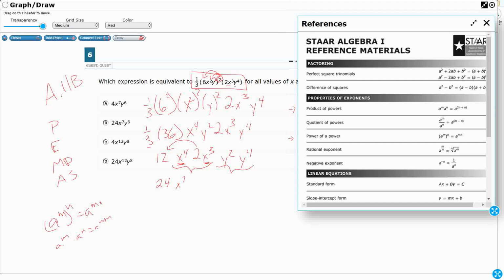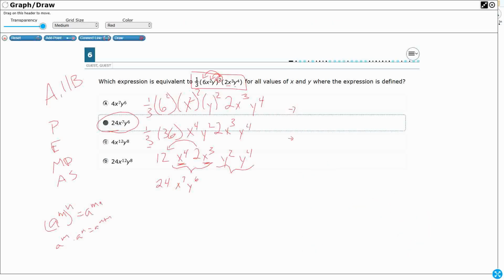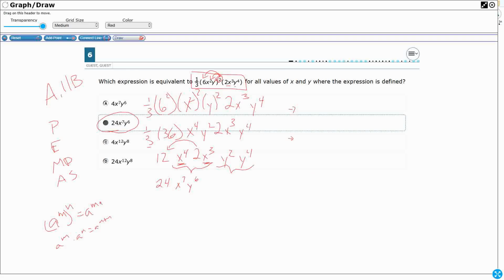Then I've got the same product of powers here, y to the second, y to the fourth, it's y to the 2 plus 4. That's going to be 6. So I've got 24 x to the seventh y to the sixth, and that is a correct answer of B. Now, this required quite a bit of not only PEMDAS, but laws of exponents here.